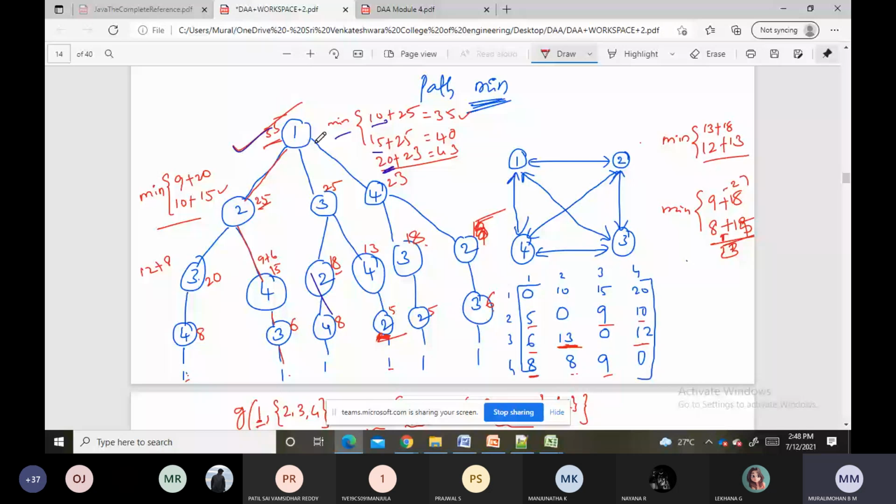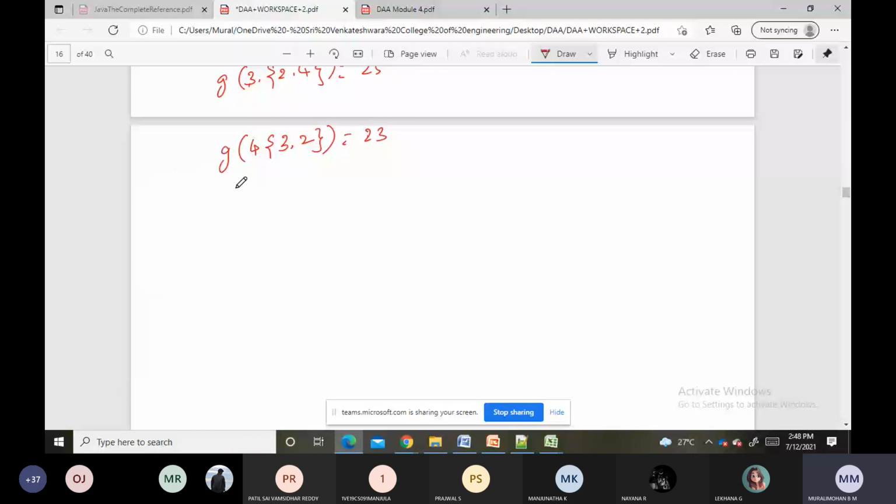So what happens? Right? So final step, you calculate G of, suppose if you are at 1, then remaining vertices are 2, 3, 4. Now we are having here option as 3 vertices.